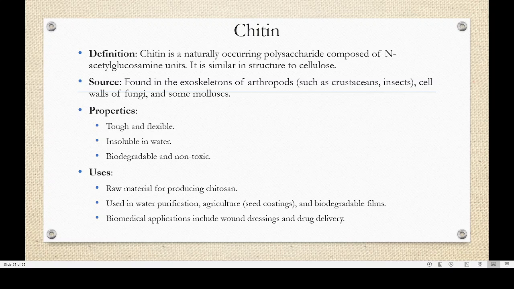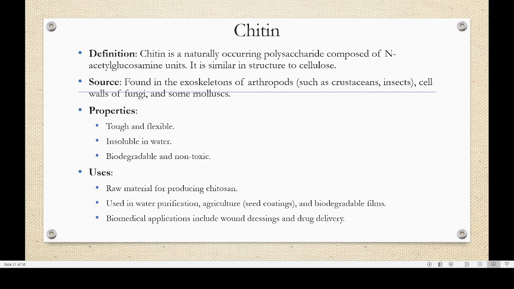That is another property. Then it is biodegradable and also non-toxic. So these are some unique properties of chitin which make it useful for many other purposes because of its biodegradable nature.